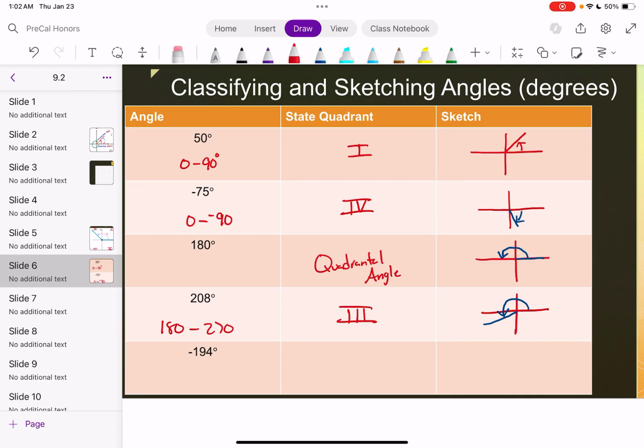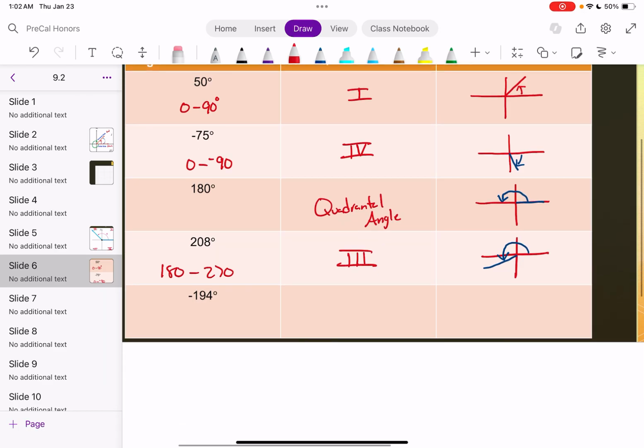Last would be negative 194. Keep in mind, in this case, this would be between negative 180 and negative 270. This would be quadrant 2.